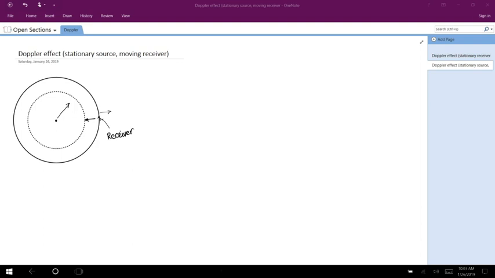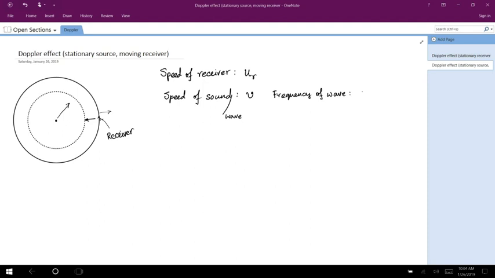So let's actually work this out. What we're going to do is assume that the speed of receiver will be Ur, and speed of sound, as before, or we can also call it just the speed of wave, is V. Okay, and so if we now know, let's say, the frequency of wave, let's call the frequency of wave Fs.